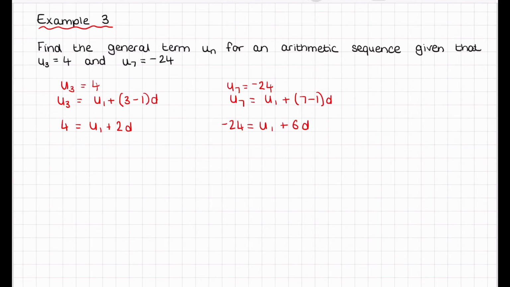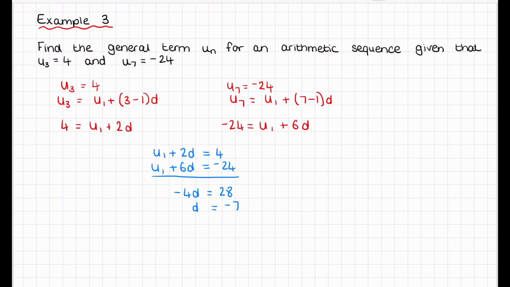Let's do it by elimination for some fun. So I'm going to have u1 plus 2d equals 4, u1 plus 6d equals negative 24. I'm going to subtract these two equations from each other. So the u1s will cancel, we'll have negative 4d will equal 28, so d must equal negative 7.